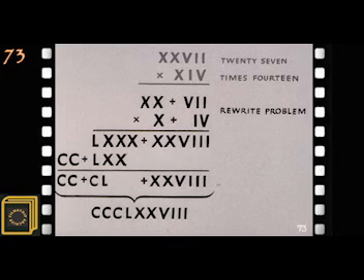You've got 4 times 20 equals 80, and 4 times 7 is 28. 10 times 20 is 200, and 10 times 7 is 70. 80 plus 28 is 108. 200 plus 70 is 270. 350 plus 28 equals 378. What they did was apply the principles of arithmetic.